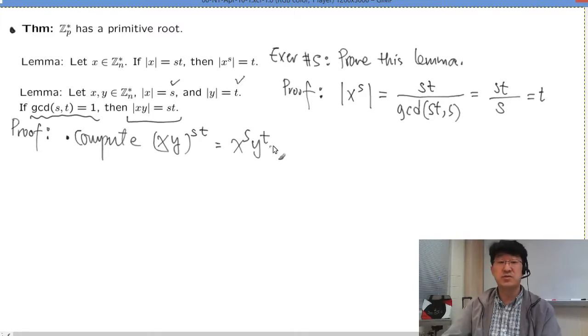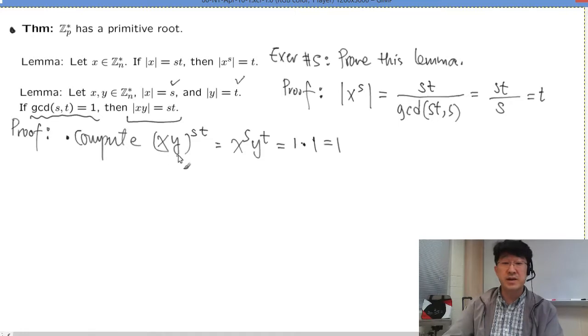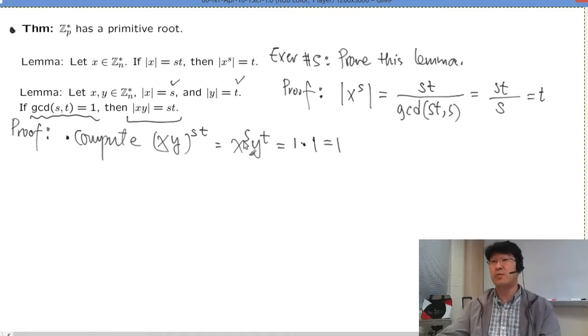What is x to the s? Why is that 1? The order of x is s, so it's 1. How about y to the t? The order of y is t, right? So it's 1, 1 equals 1. So I raised xy to the st power, you got 1 back, right?